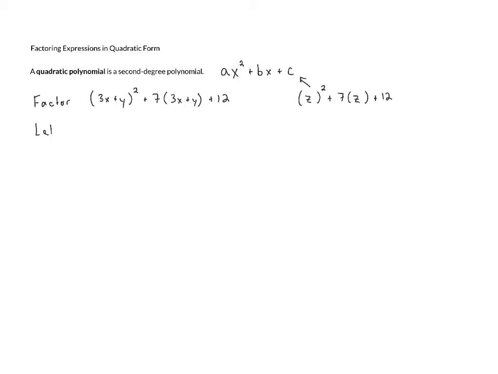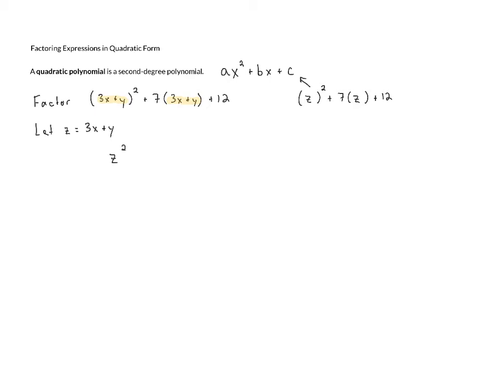The substitution we're going to do is we're going to let z be equal to 3x plus y. Now, wherever we see a 3x plus y in the original expression, we can replace it with a z. So this first 3x plus y is going to be z.